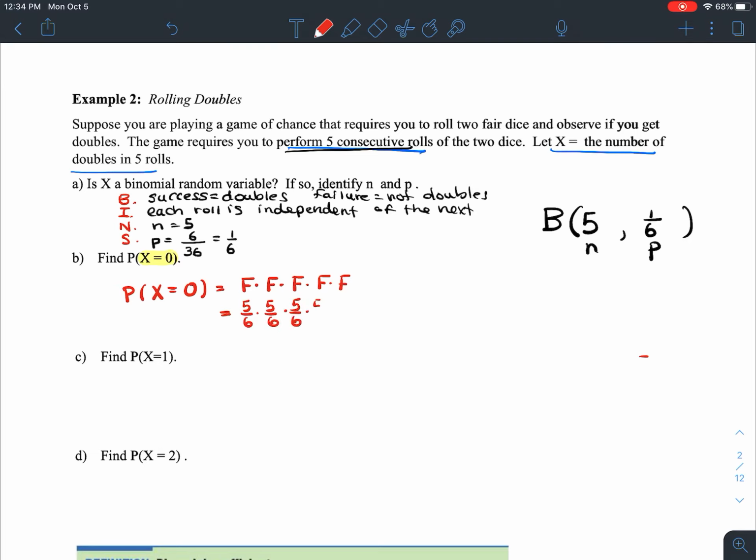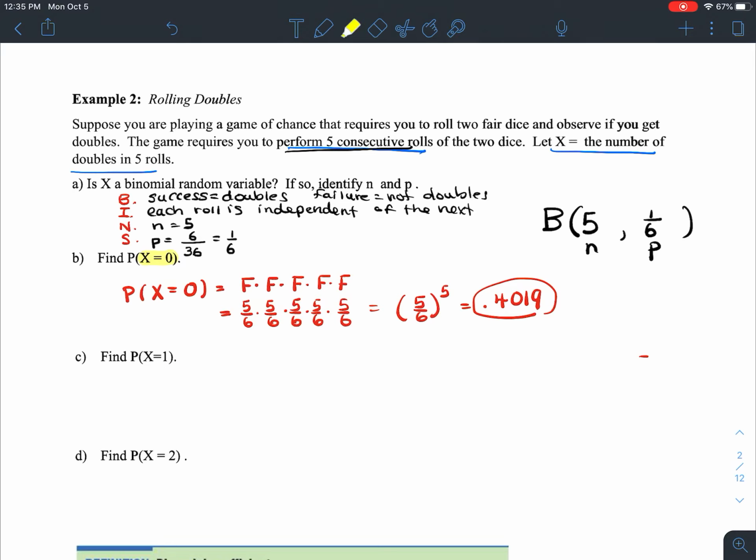So we could multiply 5/6 times itself 5 times in a row, or we could write this as 5/6 to the 5th power and say that it's roughly 40.19% chance of rolling 2 dice 5 times in a row and not once getting doubles. Okay, the problem starts to get more and more complicated the higher your random variable becomes here.